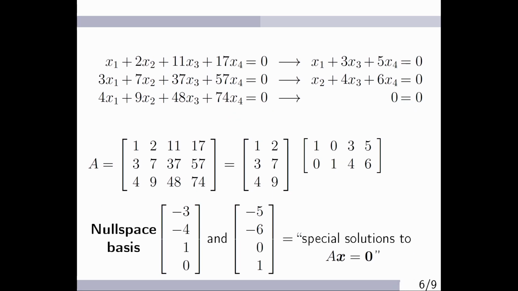And now, next, why do we want this? What use can we make of this row-reduced form? The answer is, it tells us the null space of the matrix. That's what all those row operations did.